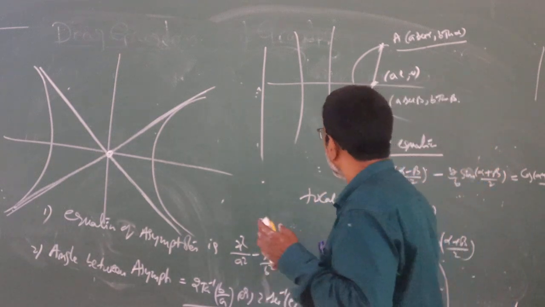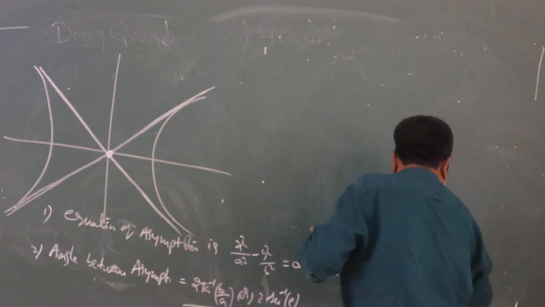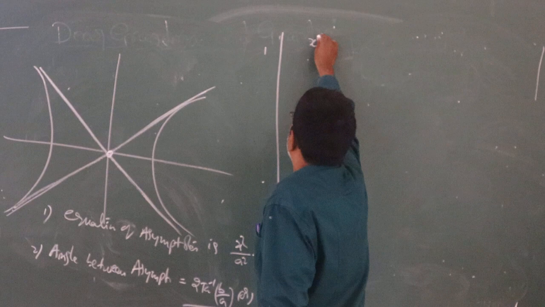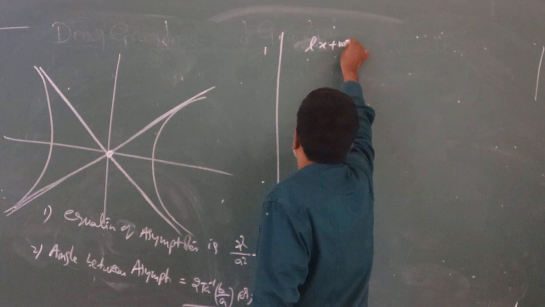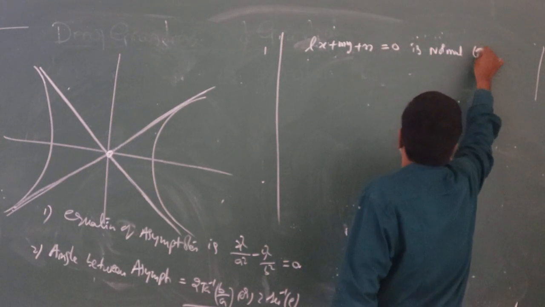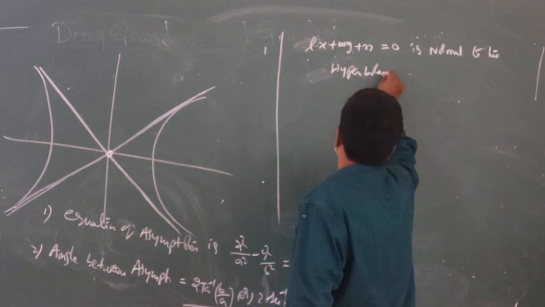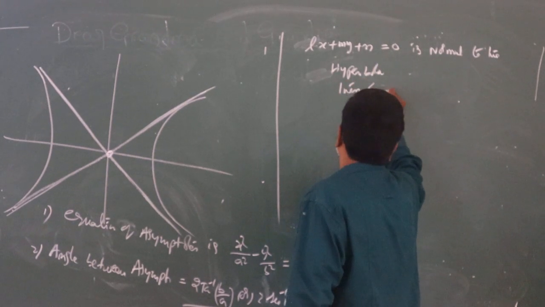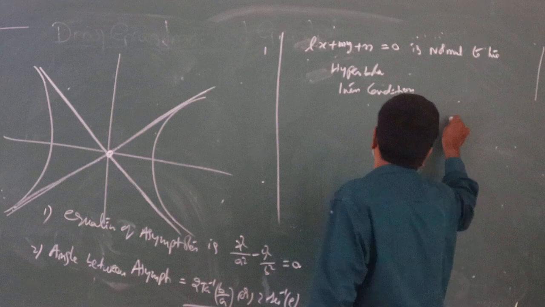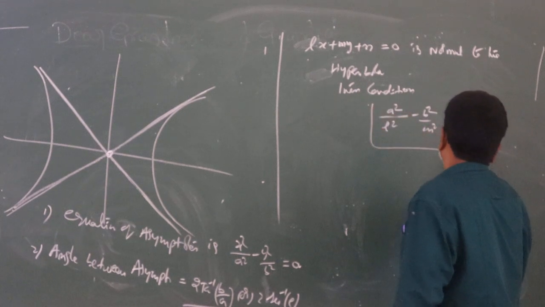Suppose Lx plus My plus n equal to 0 is normal to the hyperbola, then the condition, remember this, is a square by L square minus b square by m square equal to (a square plus b square) whole square by n square. This is the formula for the normal.